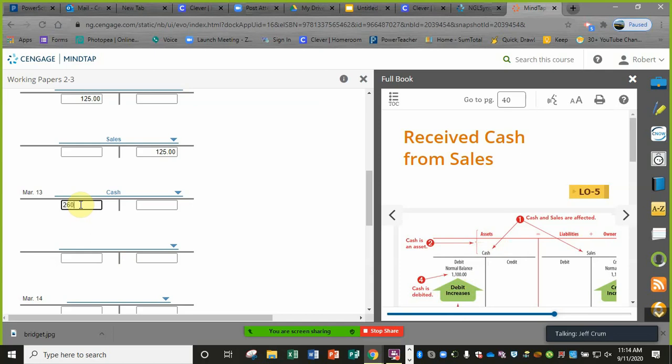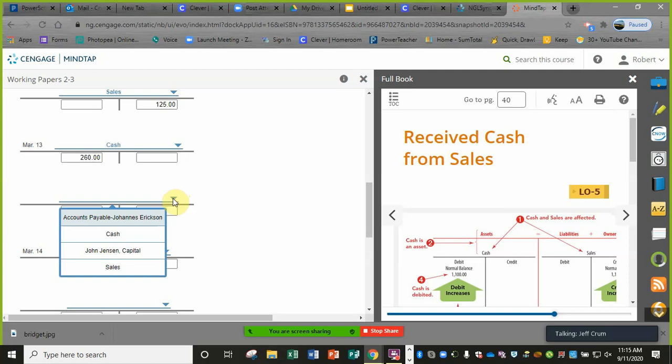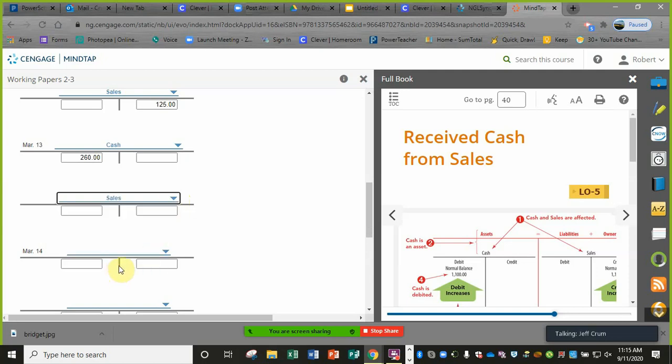So that was $260. And since the business just received cash for a sale, we'll go ahead and put that under sales. And our increase on the right side of the equation, on the right side of the equal sign, $260.